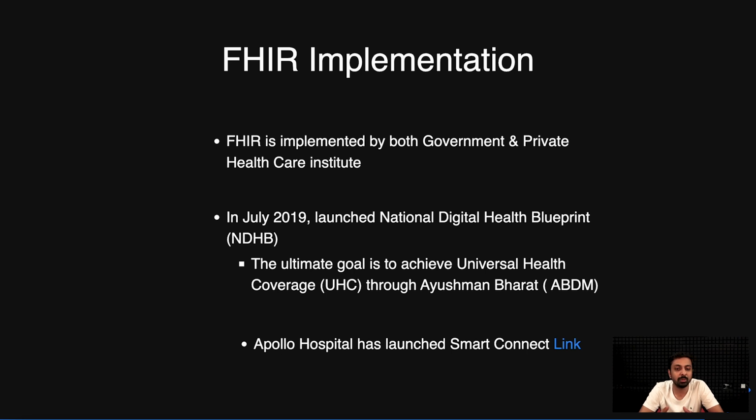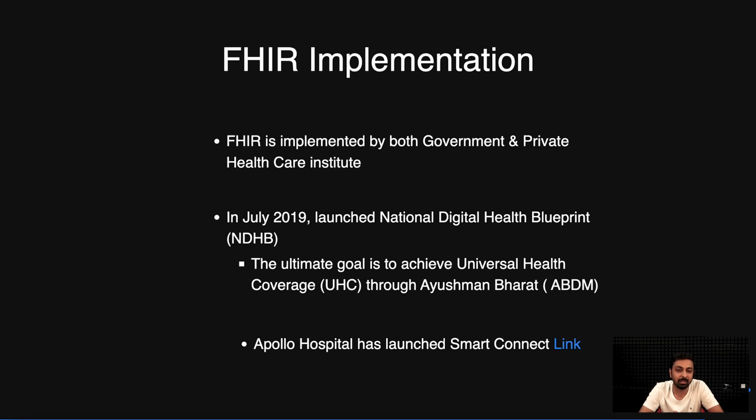So what the government is doing is creating a repository for health records all across India, where there can be lab records or your x-rays or your patient information, or organizations who want to be part of the healthcare industry, right?